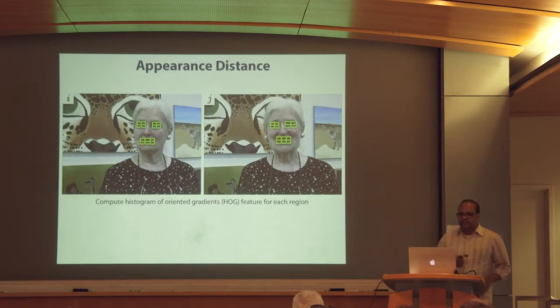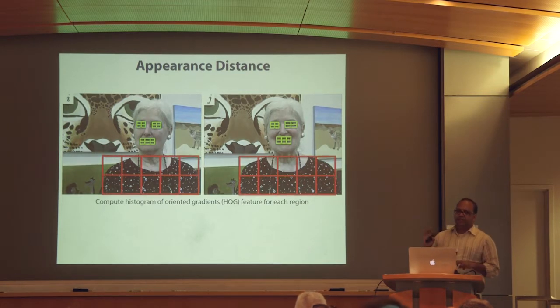For the appearance distance, we compute a histogram of oriented gradients, or HOG features, around the eyes and mouth of the speaker. And we also use the position of the head to estimate the position of the body, and we compute HOG features in this region as well. And these body features are really crucial for our application because they capture the hand gestures that usually appear in front of the body.